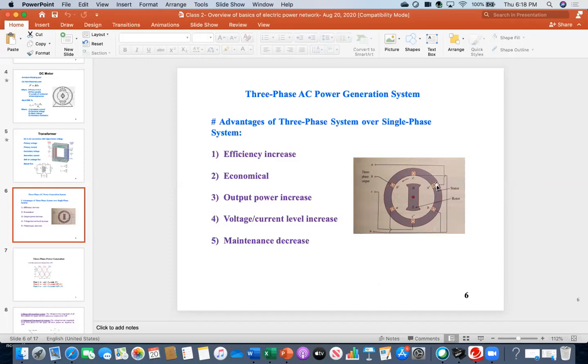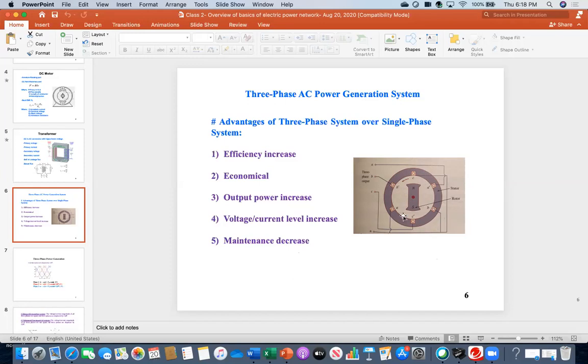If there is any issue in this arrangement, because all 3 phases are placed here, just one engineer or one operator is fine for the maintenance or overhauling. So in that sense, this 3-phase arrangement is economical, plus maintenance is decreased during the overhauling or maintenance.